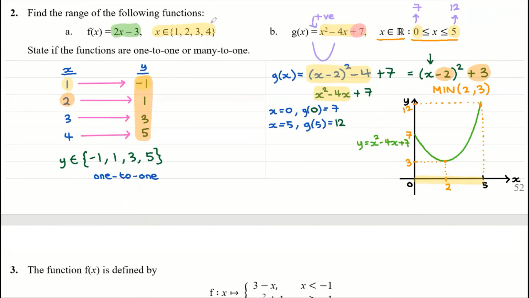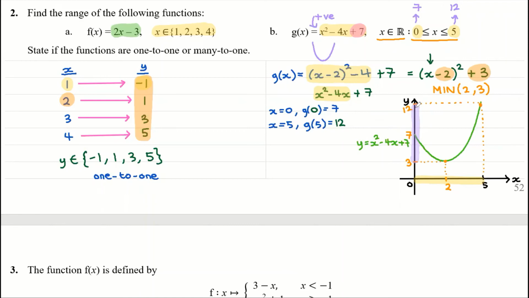So from our diagram, we can see for that interval, the y values we get out start at 3 and go all the way up to 12, because we have that minimum value when y equals 3 and when x equals 2. So I hope you can see that. Just imagine you're casting a shadow, shining a torch onto the graph from the right to the left, and it's casting a shadow on the y-axis.